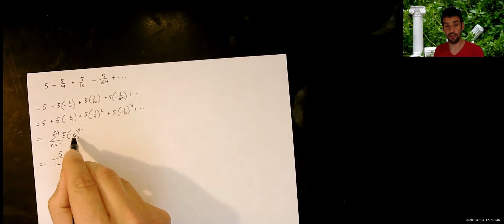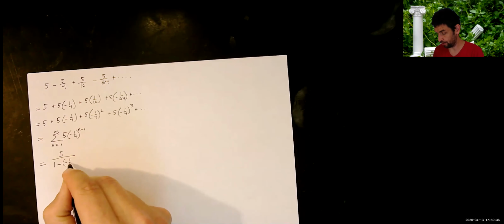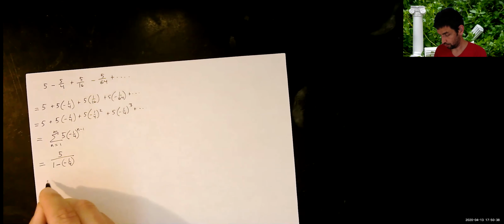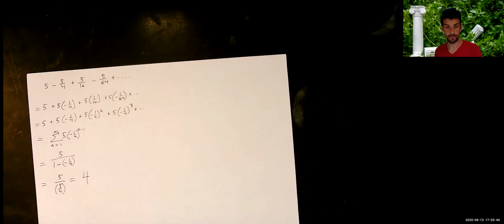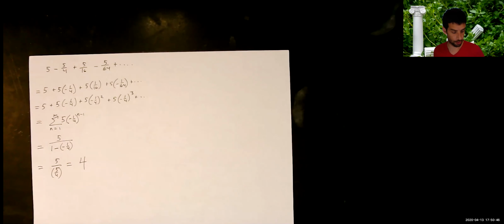The common ratio r is not 1/4, it's -1/4. So we get 5 over 5/4, or 4. Okay? And so we can quickly get a sum for that series.